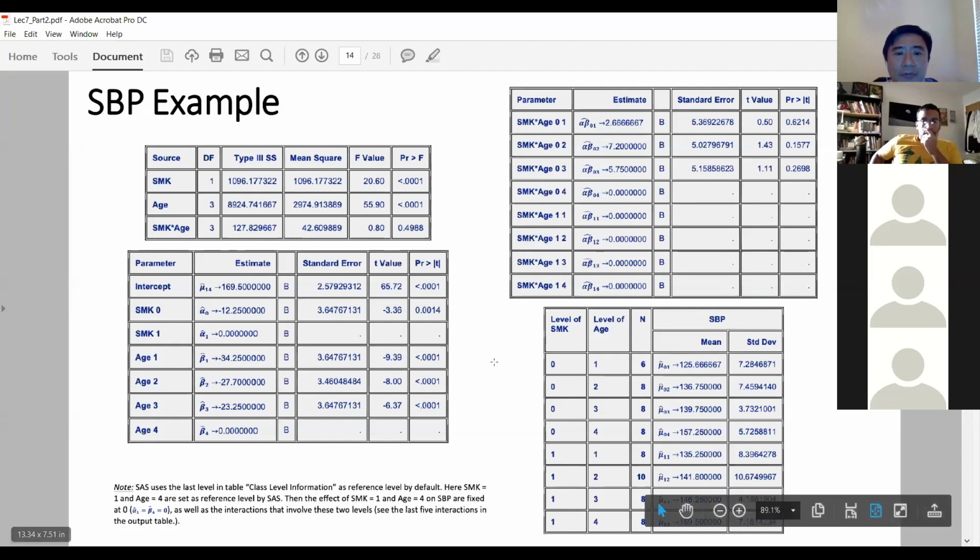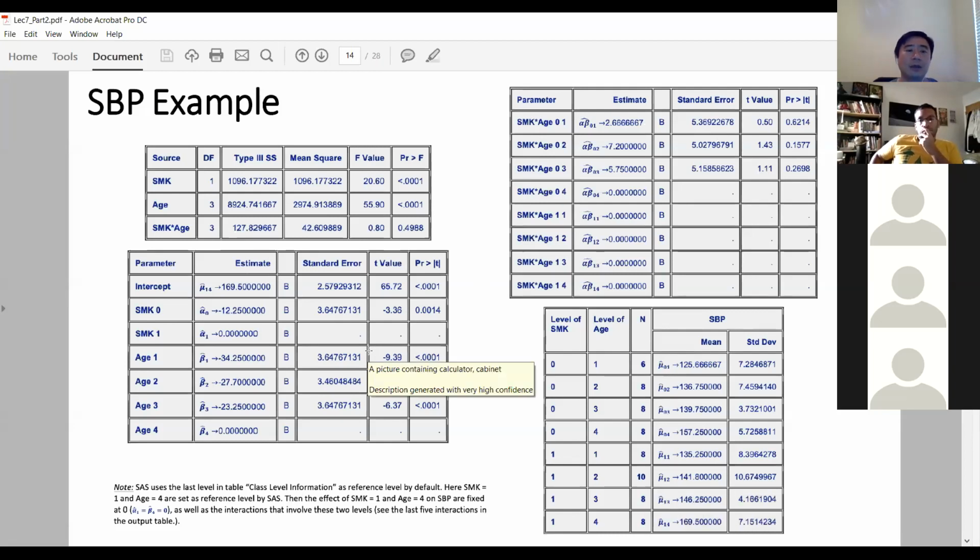And the next table is really like, say, the testing for each degree of freedom, right? So each degree of freedom, like say, for example, in the smoking data, you have 1 degree of freedom, but you have to choose one as a reference group, and therefore you only have one parameter estimate.